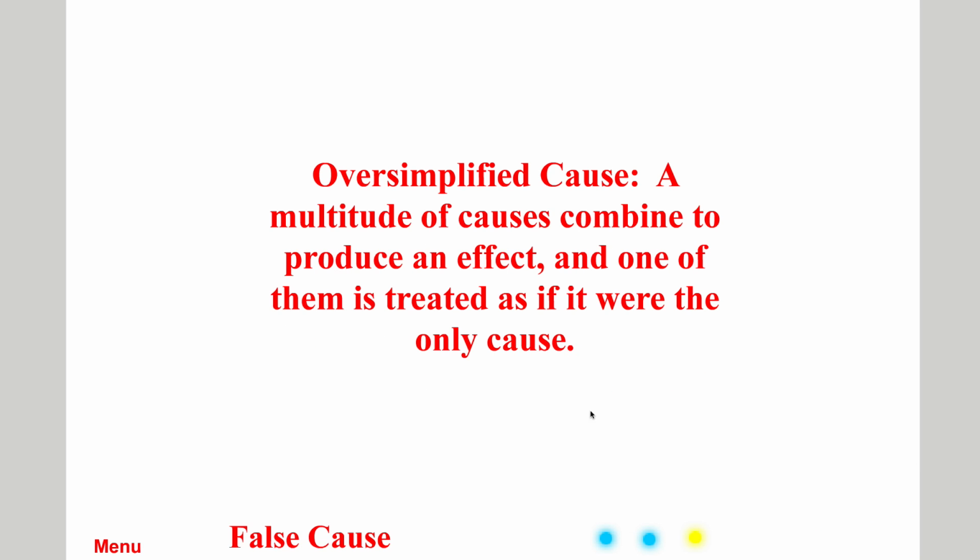So oversimplified cause is when a multitude of causes combine to produce an effect, and one of them is treated as if it were the only one. For example, let's say you have a psychological disorder such as depression, and you begin to take medication, and you begin to get better.